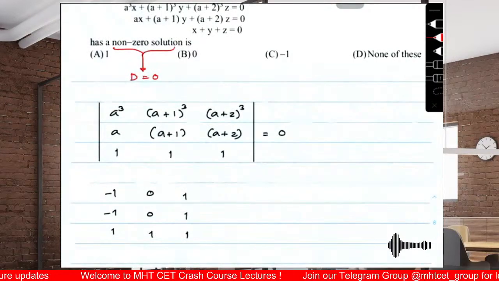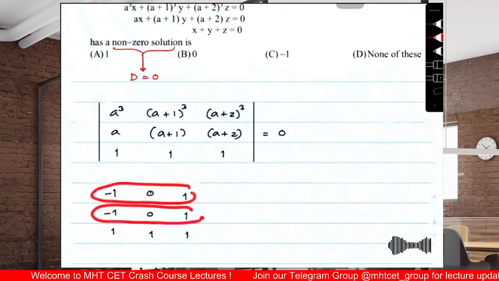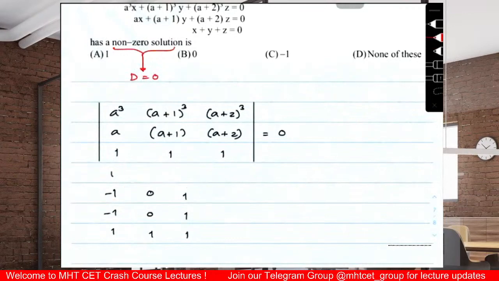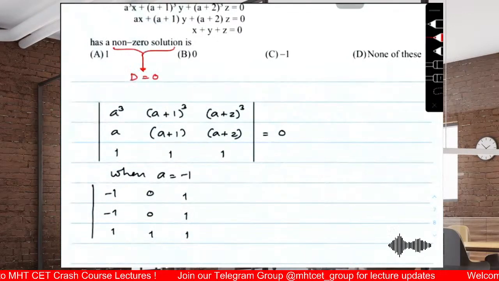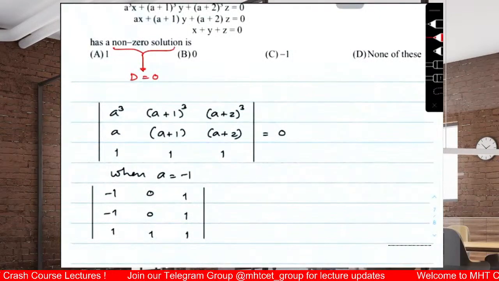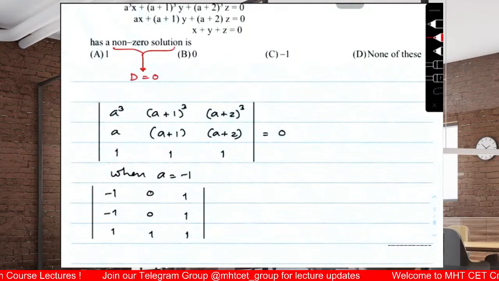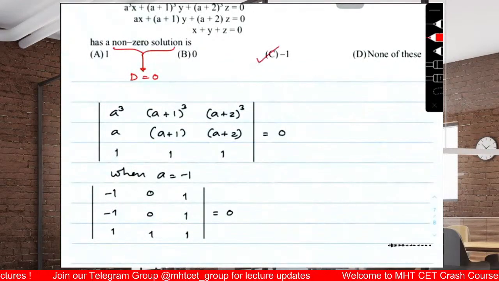अभी इसको expand करोगे तो 0 आएगा. ये देखो first two rows are identical. When a is -1, first two rows become identical. So it becomes 0. Option C सही है.